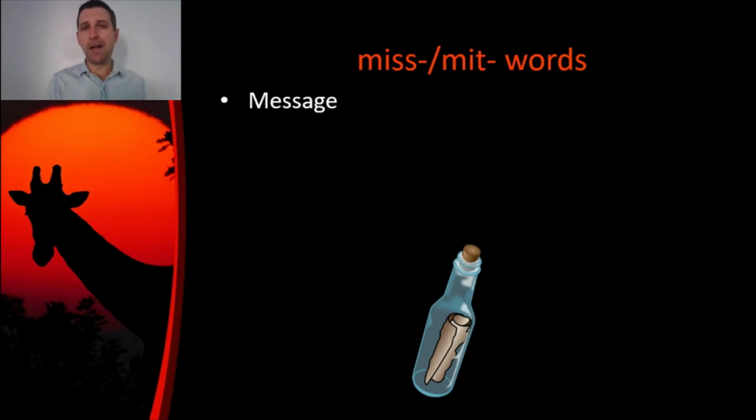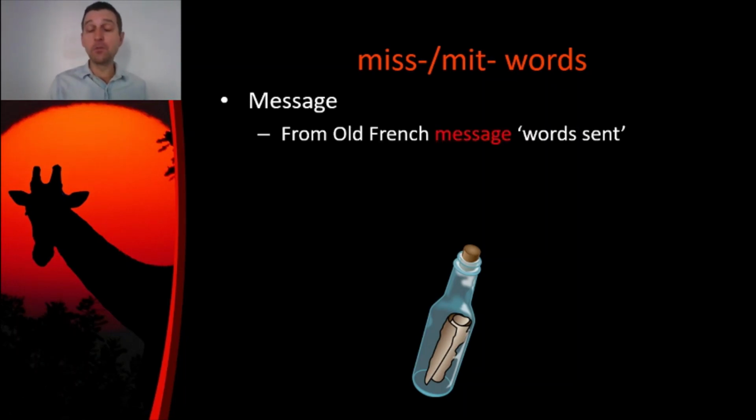What else? How about message? You probably don't use the words missile and missive in your everyday life, but I bet you do use the word message in your everyday life. Message comes from this root. As you can see, it looks a little bit different. For instance, the I vowel has been changed to an E vowel. As you can probably guess, especially if you've been watching this channel for a while, that's French's fault. So we actually got this from Latin, but through Old French, which changed the word.